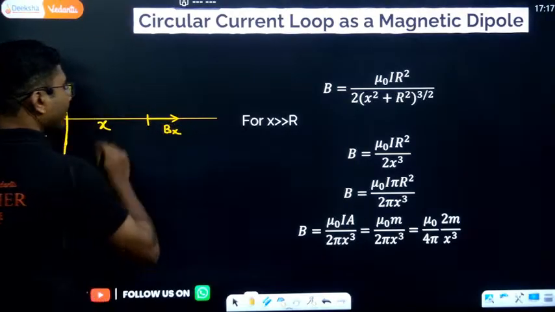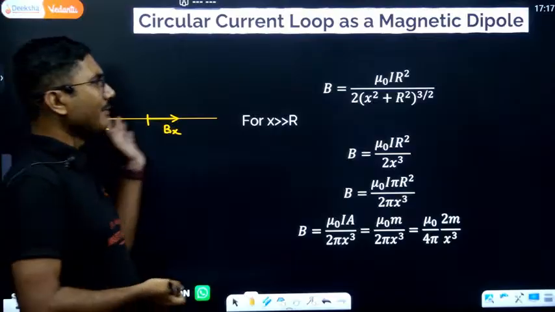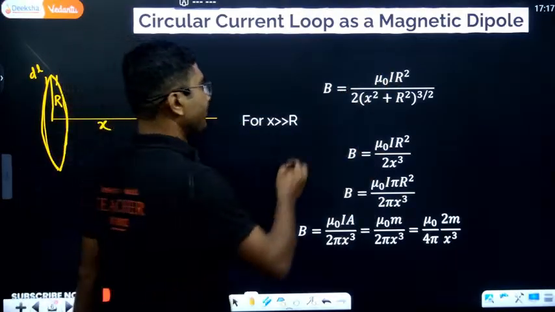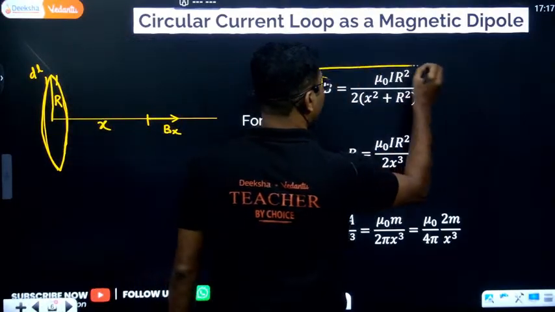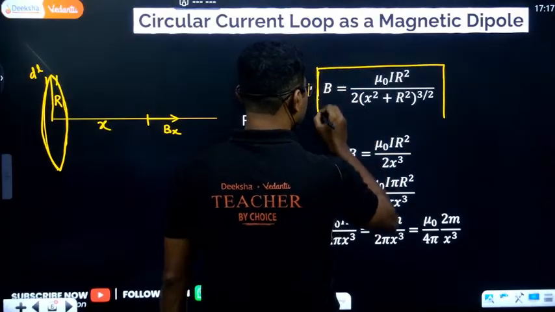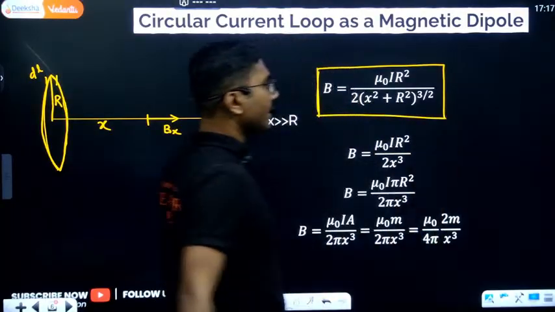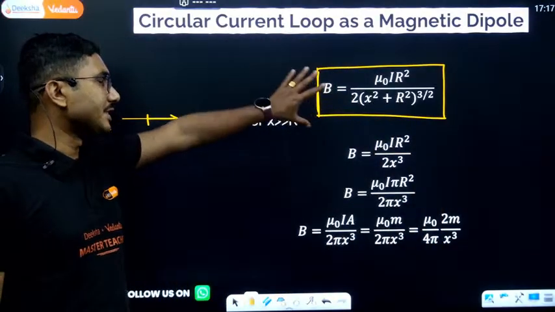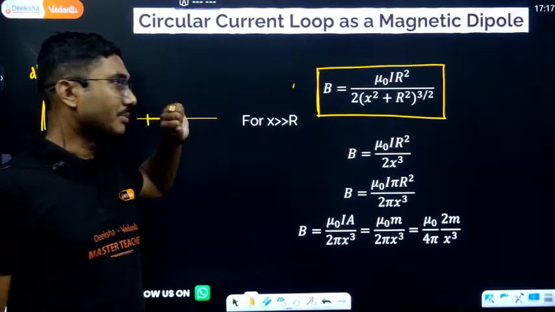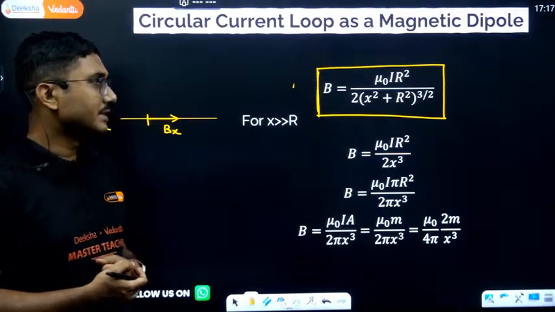There is no magnetic field along the y-axis, and based on that we did this derivation in our last class. If you forget this derivation and want to know how to do it easily and quickly, you can check my last class.